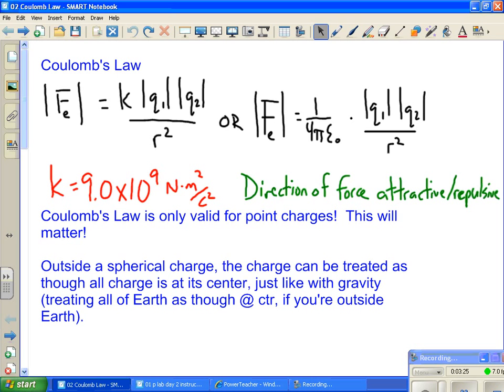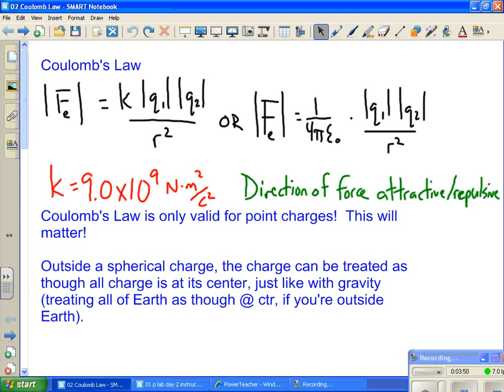Another thing that you might have picked up on as being weird when you read about this in your textbook is this idea here of replacing that electric constant K with this 1 over 4 pi epsilon naught thing. And epsilon naught is just some electric constant, just like the K is.